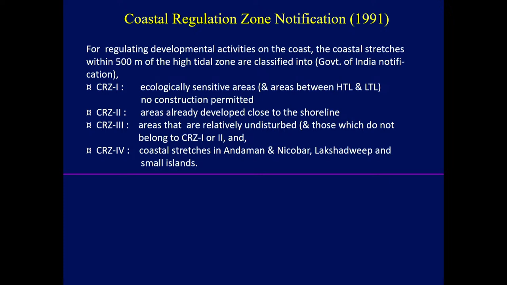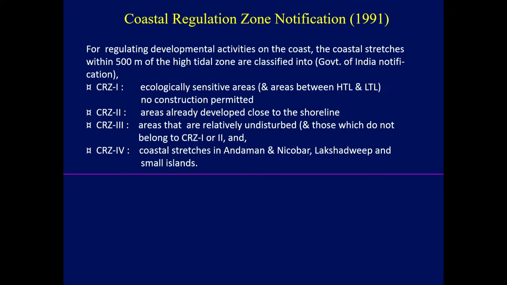Now another very important term is the Coastal Regulation Zone. This is also again towards coastal zone management. This is the first regulation of the year 1991, where MoEF, the Ministry of Environment and Forest, came up with a regulation for regulating development activities on the coast.